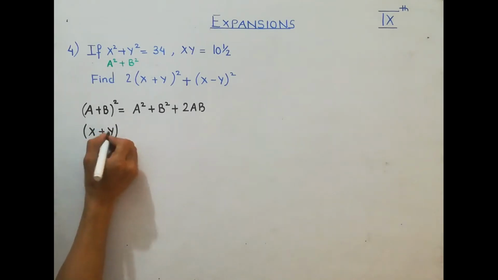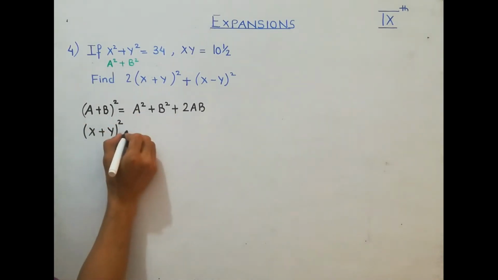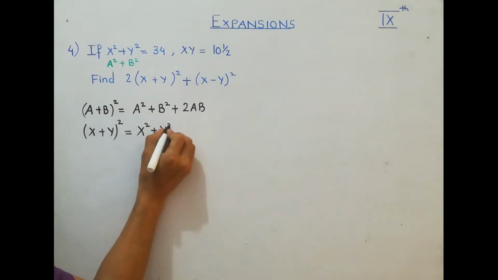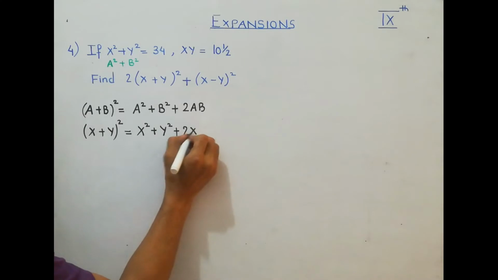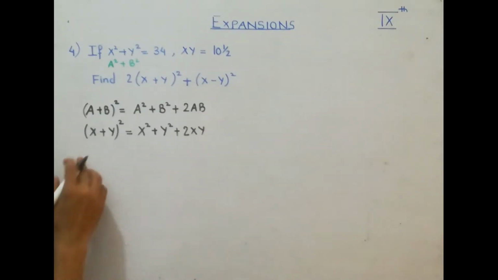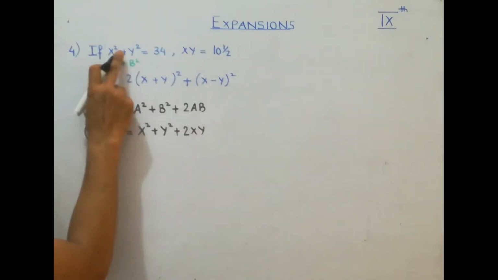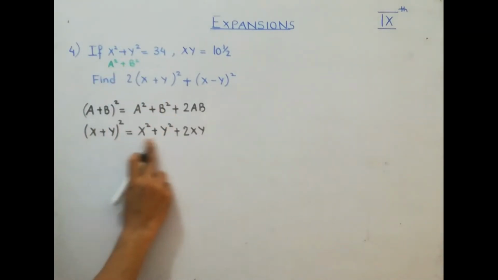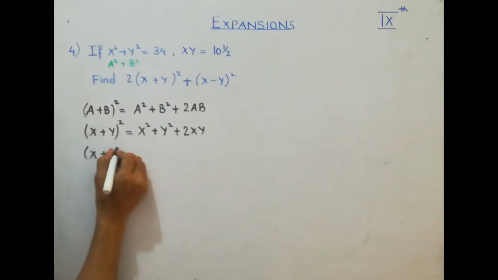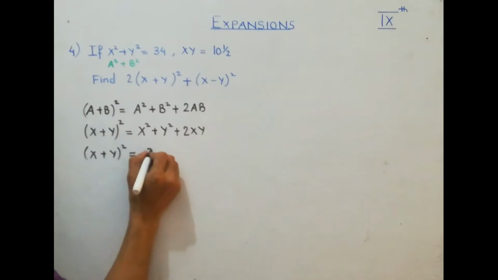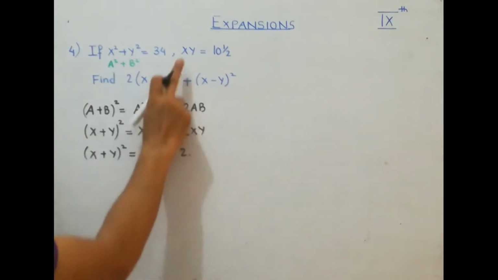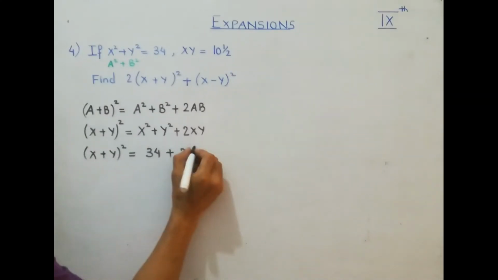So in the formula, a and b will be replaced by x and y. This way, we have replaced x and y. Now substitute the value. x square plus y square is 34, so this will be replaced by 34. xy is 21 upon 2.